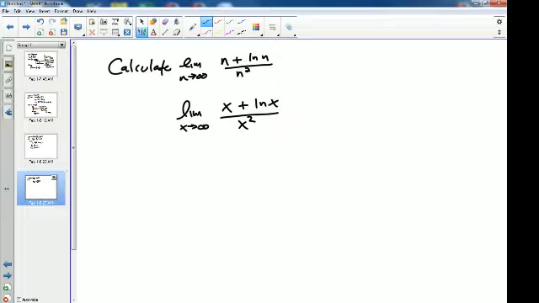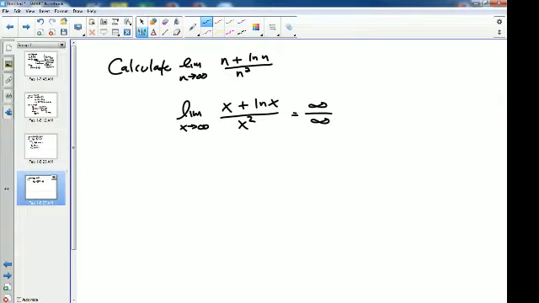Okay, so solve that limit. If I plug infinity in, what do I get? What's that called? It's an indeterminate form. Okay, how can I solve it? Can I algebra it? No, it doesn't get us anywhere.